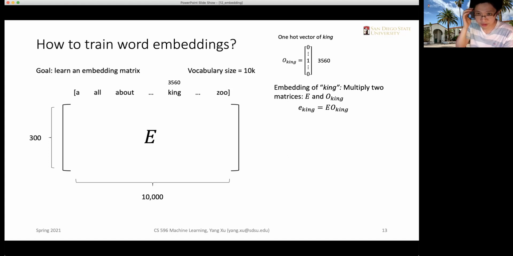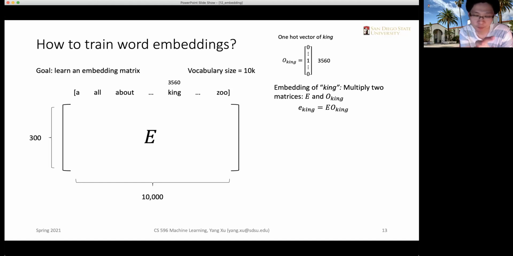So the embedding of king can be obtained by using this matrix E and conducting a matrix multiplication with the one-hot vector, right? Because the one-hot vector has length 10,000.